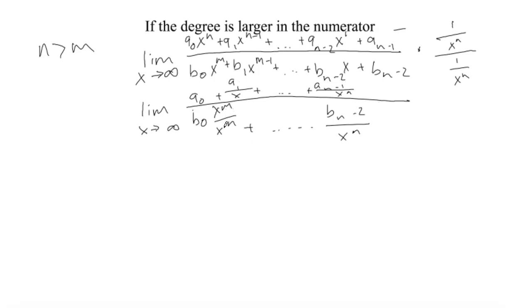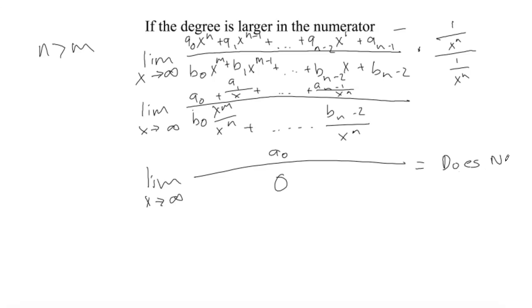And since n is greater than m, everything in the bottom tends to 0. So you get the limit as x tends to infinity of a sub 0 over 0. The technical way of writing this is to say that this limit does not exist.